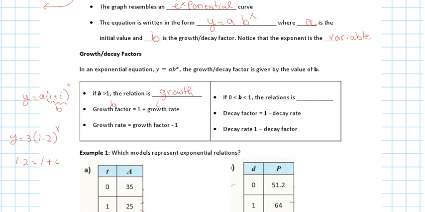If I'm solving for i, all I have to do is subtract 1. So that's going to be 1.2 minus 1 equals i. So you see that the growth factor, which is b, minus 1, gives you your growth rate. That's what the formulas say. Are we okay with that?